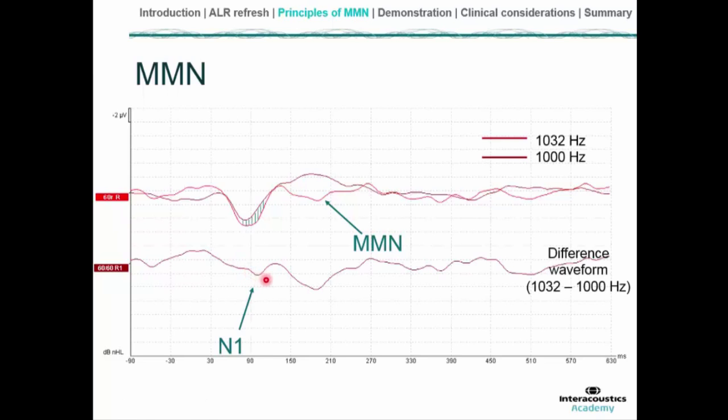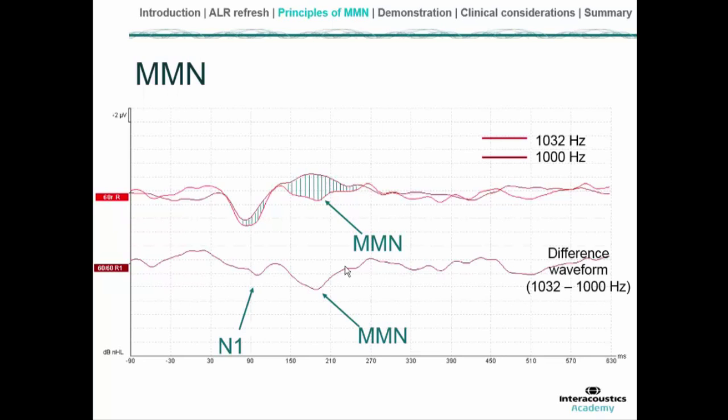Then, as we move along the latency window towards where the MMN is displayed, we can see an even greater dip, again reflecting the difference in negativity in the amplitude of the response to the 1032 Hz sound compared with the 1000 Hz sound.